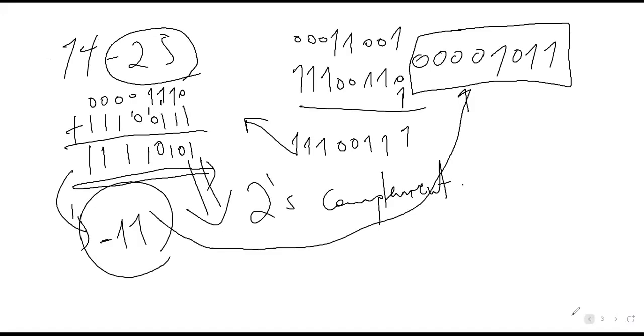The negative 11 we found is 1, 1, 1, 1, 0, 1, 0, 1. The 11 we know is 0, 0, 0, 0, 8, 4, 2, 1.